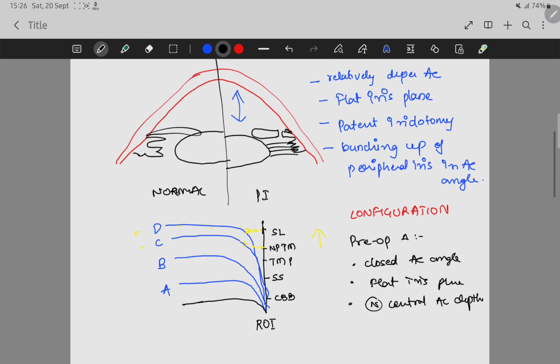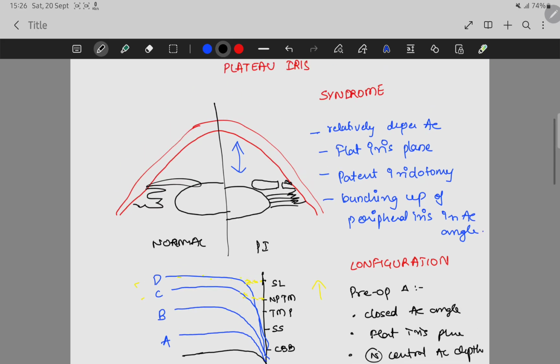Here the relative pupillary block occurs and it relieves with the PI. Okay, so this is regarding configuration.